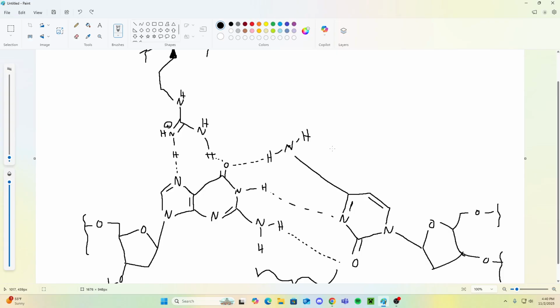And then last they ask, is this an example of major groove or minor groove interaction due to the number of hydrogen bonds attracted to the guanine pair? This would be a major groove interaction.